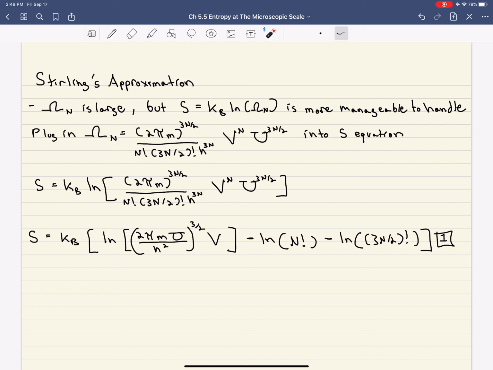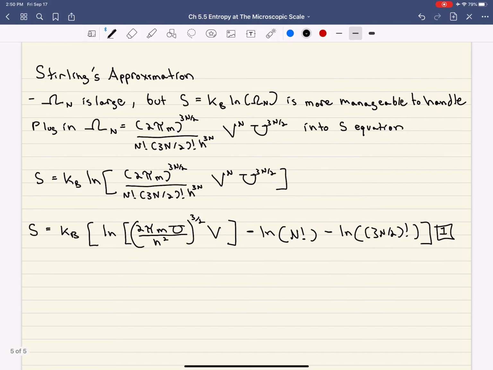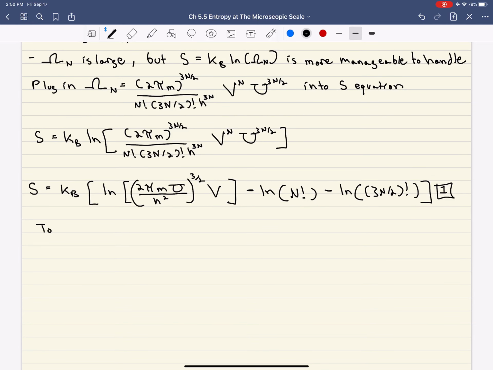The natural log of that is still really big. But what we could do to at least make this number a little bit more manageable is make an approximation, to calculate the natural log of n factorial and the natural log of 3n over 2 factorial.